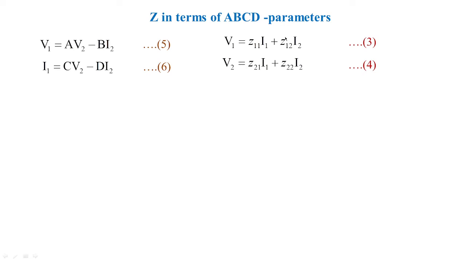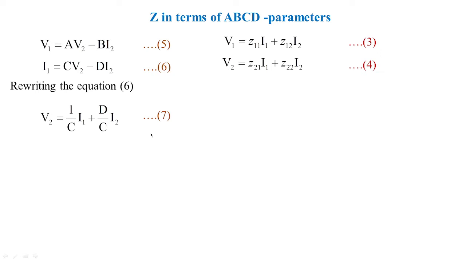transmission line parameters. So I'm going to rewrite equation 6. How am I going to rewrite it? I have taken V2 equal to I1 divided by C. The minus term goes to the LHS side and becomes D by C I2.